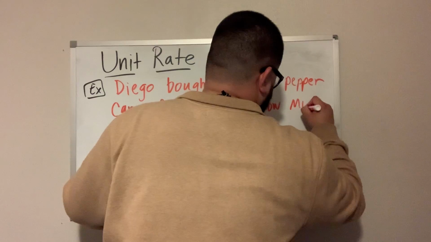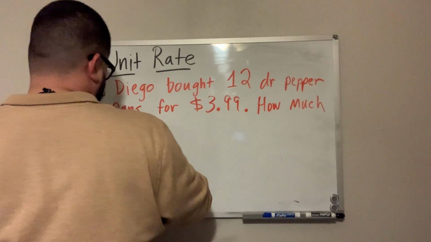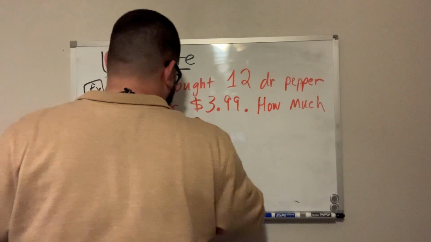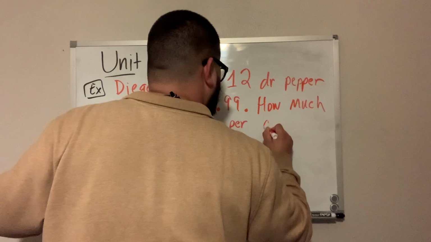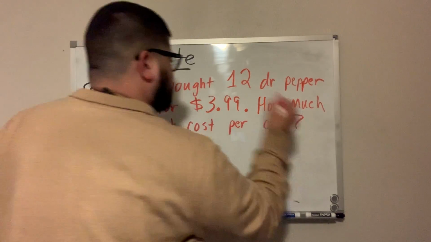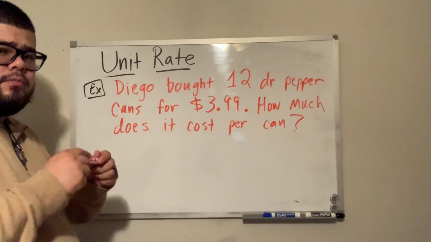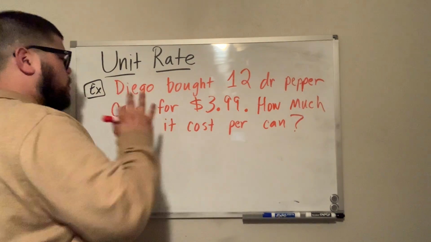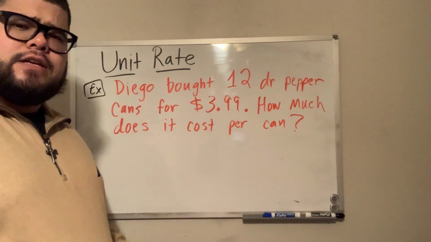How much does it cost per can? Now, it doesn't just straight say in this word problem, what is the unit rate? You have to be able to see that's what it's asking for.